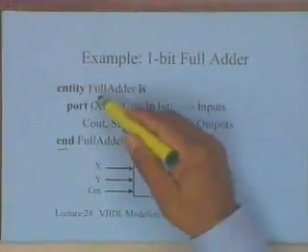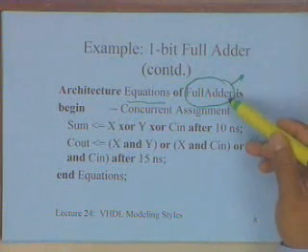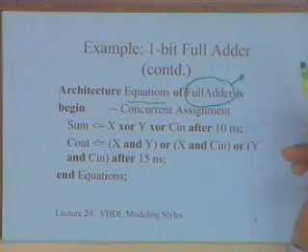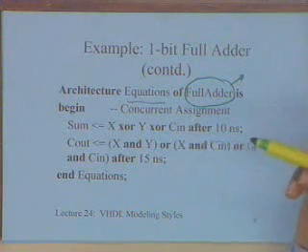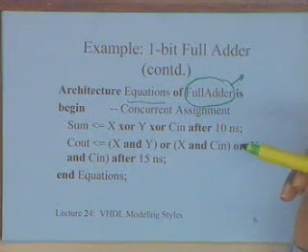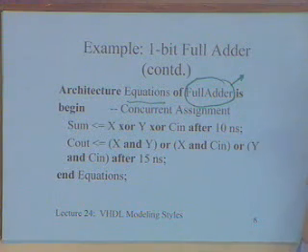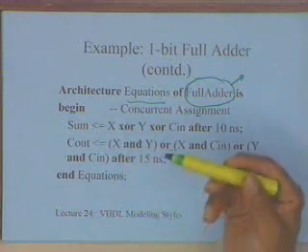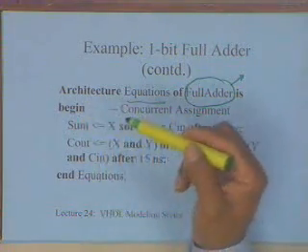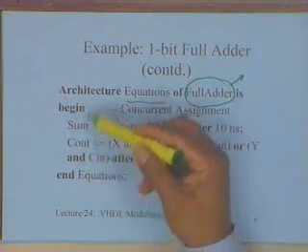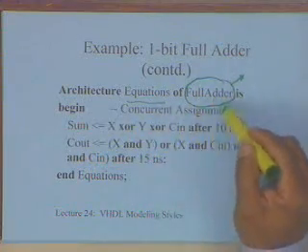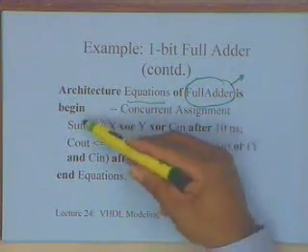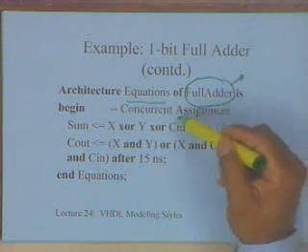When I associate it with an entity whose interface has been declared, the implication is that all the ports declared there are visible in this architecture. X, Y, C in, C out and sum are visible as input and output ports, so I don't have to declare them here again. We will later see that locally we can also declare some signals to be used within this description, but in this case there are no local declarations, and all the signals declared there are available here.